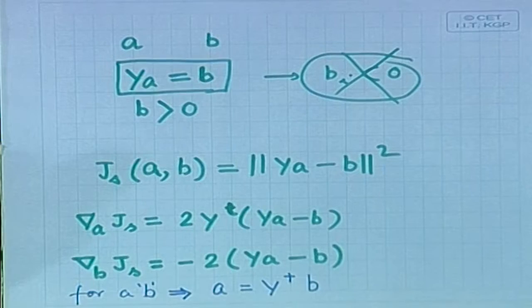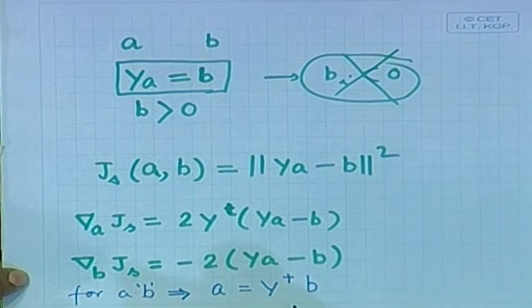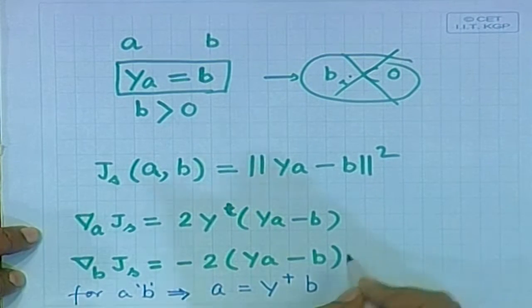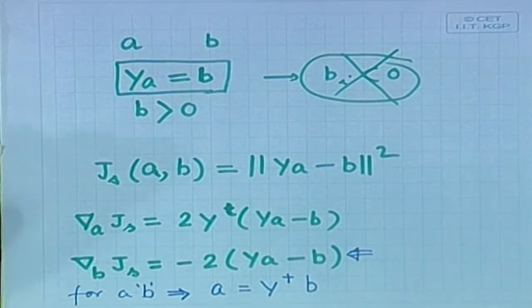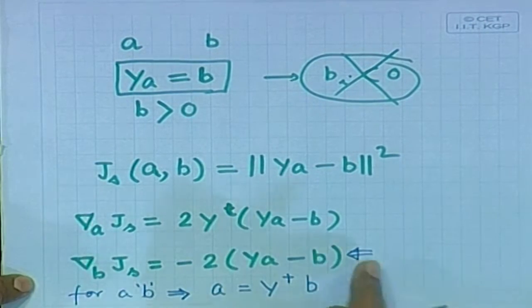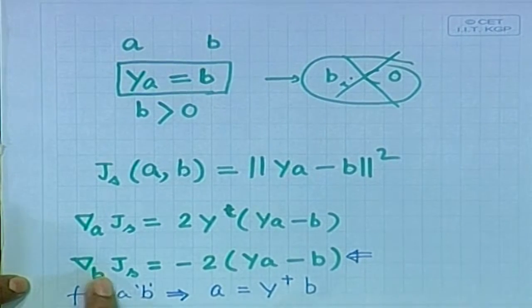If Y transpose Y inverse is singular, then we cannot compute the pseudo-inverse. So, for computation of a, either we can use this if we are sure that Y transpose Y is not singular, or we can employ the same iterative algorithm that we discussed earlier. Here our main aim is to find a proper value of b by following the gradient descent procedure with the help of the gradient of Js with respect to b.